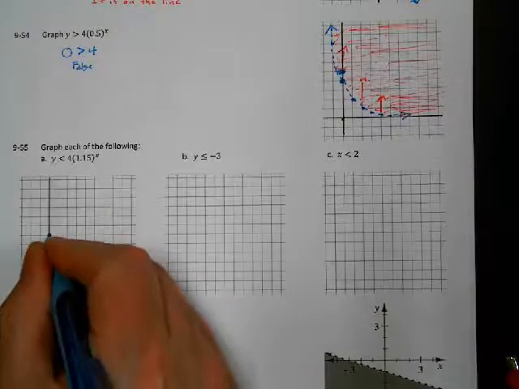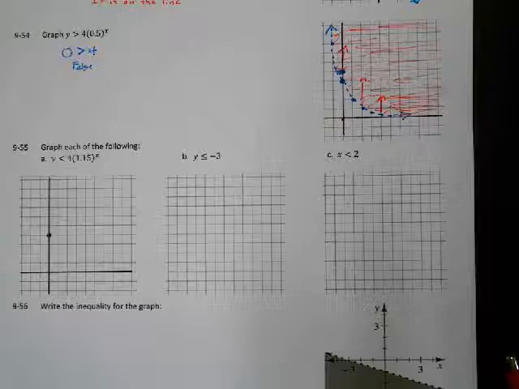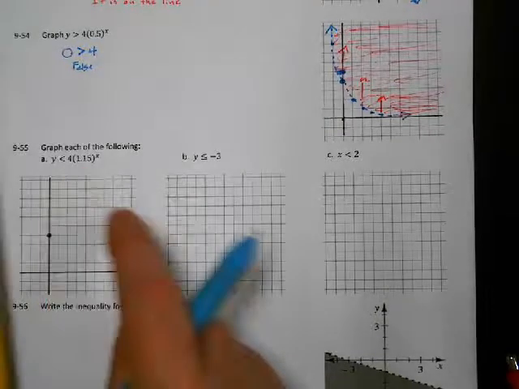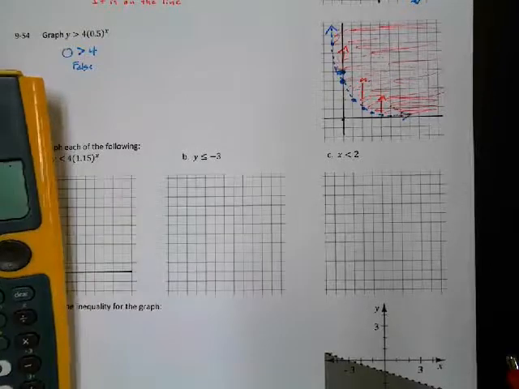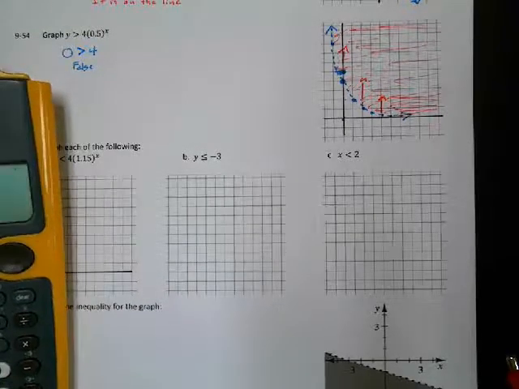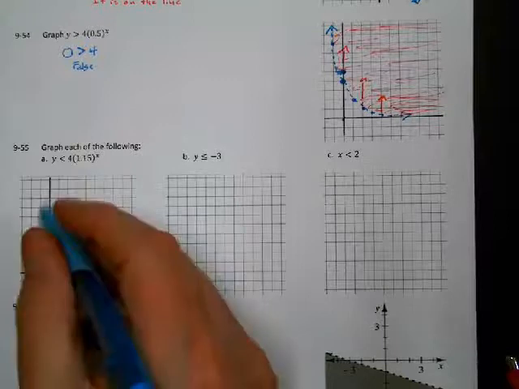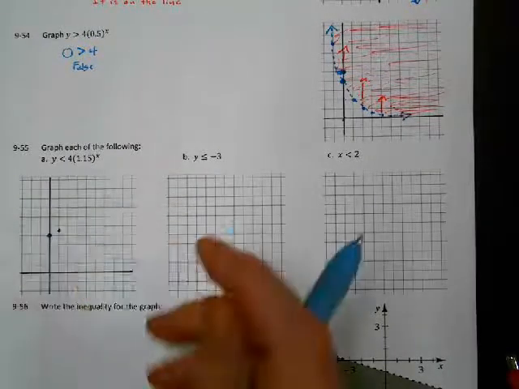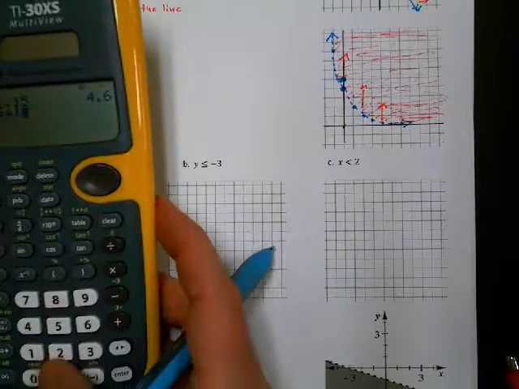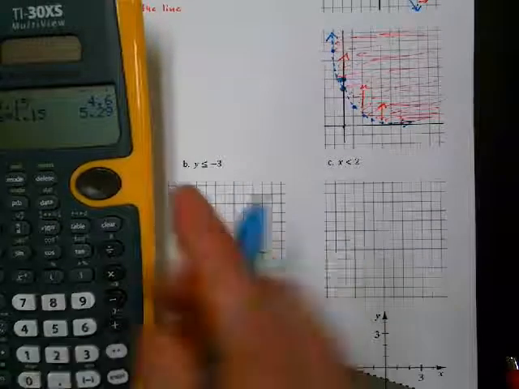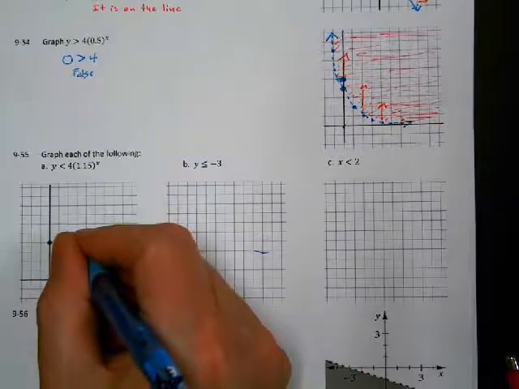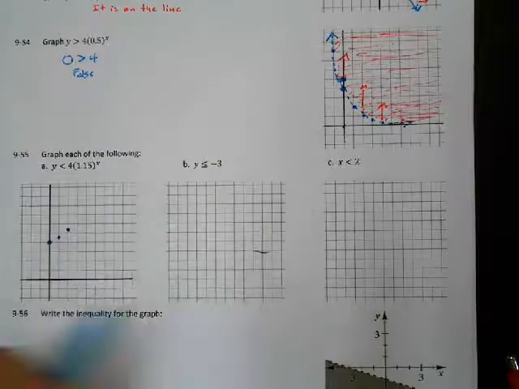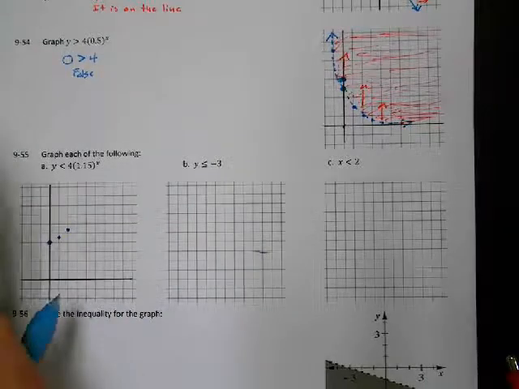All right, this should be an increasing function, so I'm just going to take out my calculator and do 4 times 1.15. All right, 4 times 1.15. I get 4.6. That would be here-ish. Times 1.15. That would be 5.29. So 5 and a little bit over a quarter. I'm going to say that's right there. Next one, times 1.15.